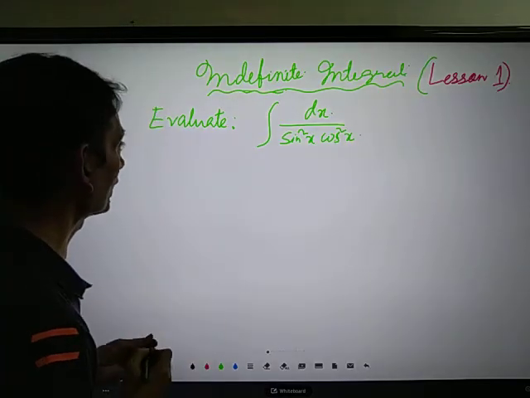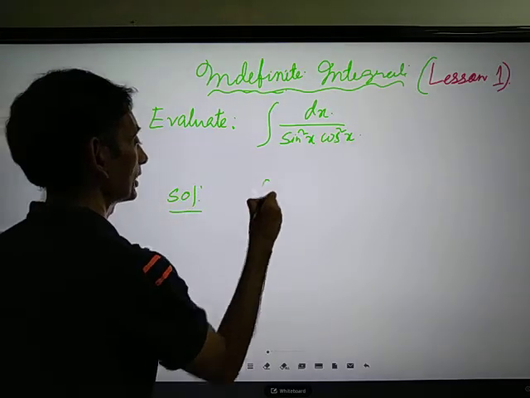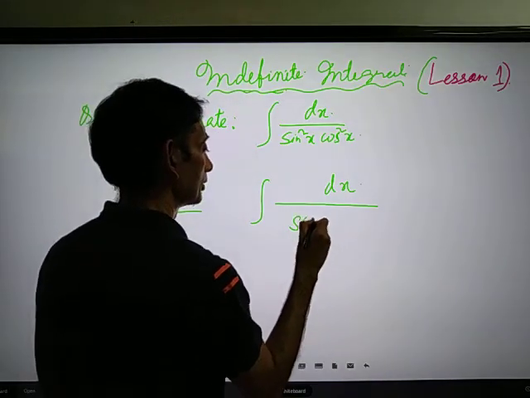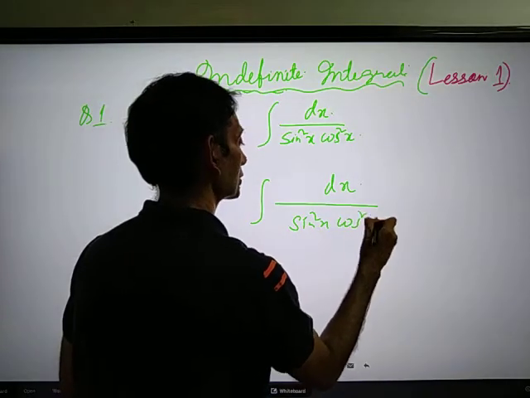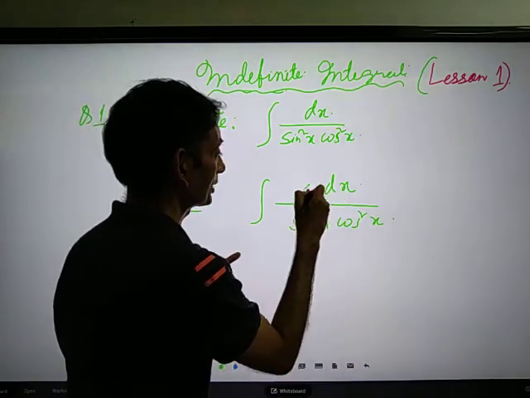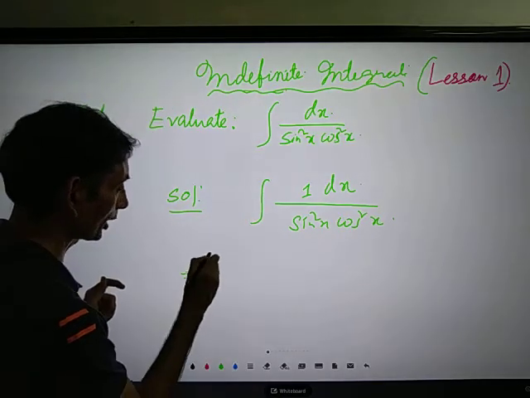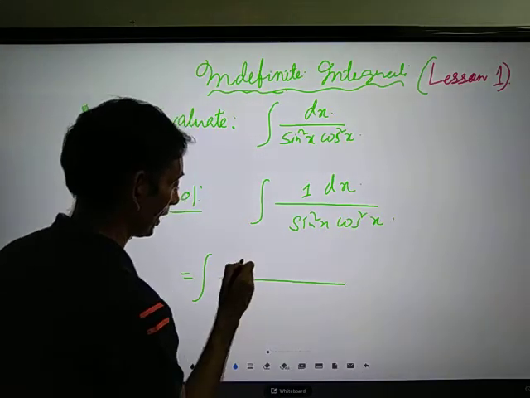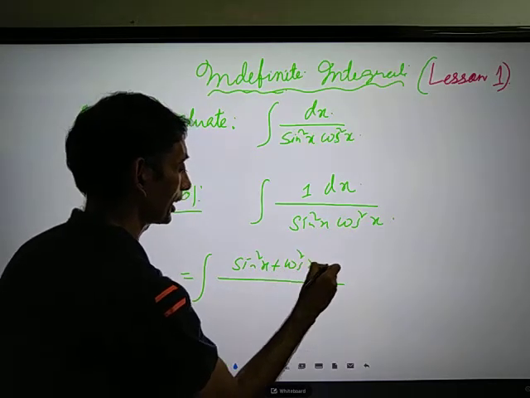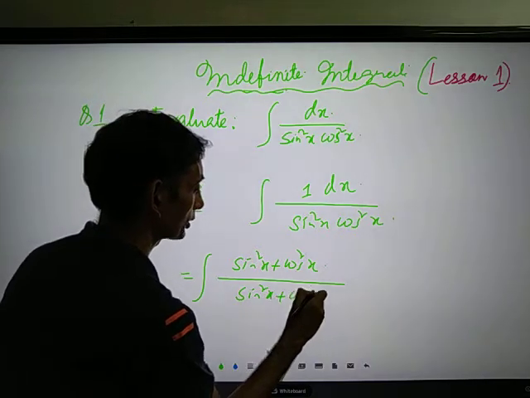How to integrate this? The steps are very simple. Sin square x, cos square x. So how to solve these questions? dx means you can just think of it as 1 into dx, and in place of 1 we can write sin square x plus cos square x divided by sin square x plus cos square x.